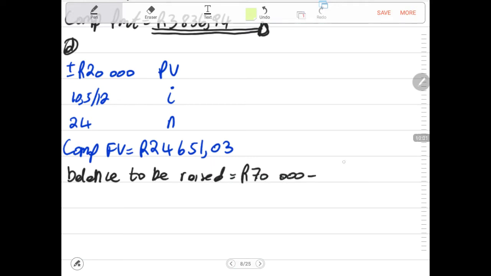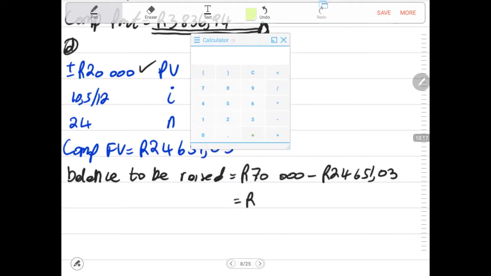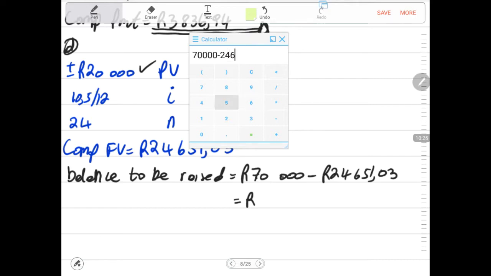And what will be available after 24 months because of the 20,000 initial deposit will be 24,651 rand 3 cents. So now the balance that still needs to be raised will be the difference, which is 70,000 rands minus 24,651.03.